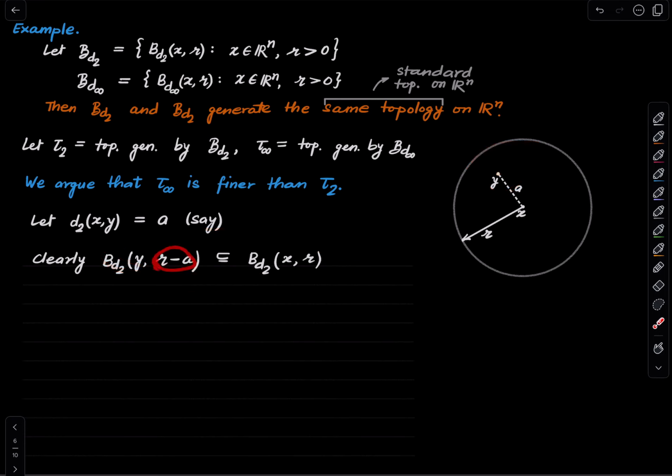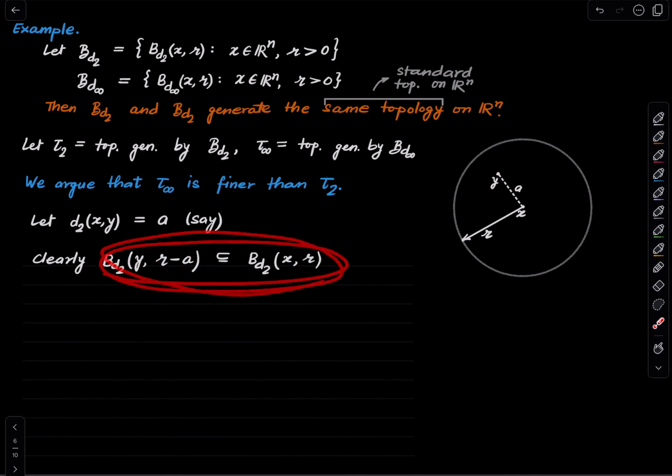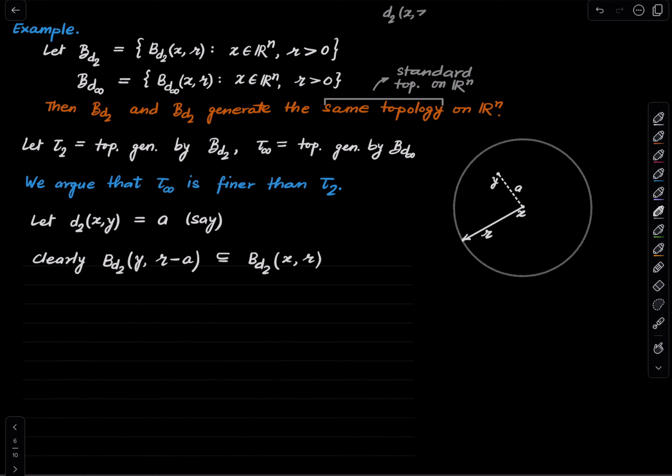Instead of r minus a, you can write down r minus a by 2. But this is perfectly fine. So why is this true? This is true because of the triangle inequality. We did this kind of thing in the previous lecture, I think. So just use the triangle inequality. And what is the triangle inequality? Let me recall the triangle inequality. So the triangle inequality says that this holds for all x, y, and z.